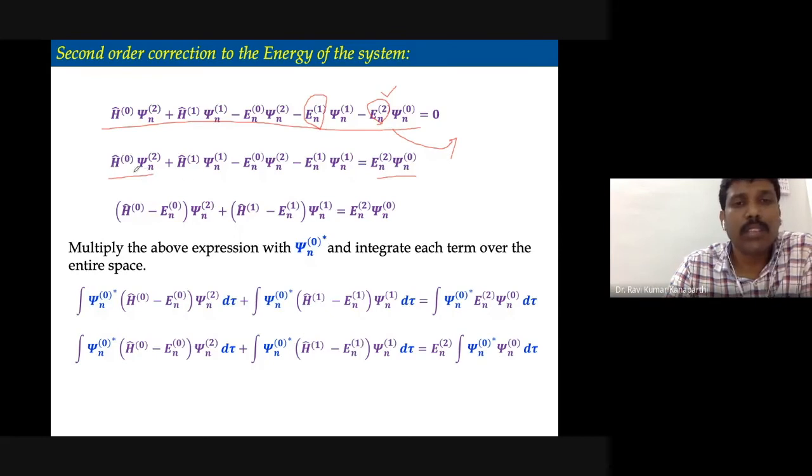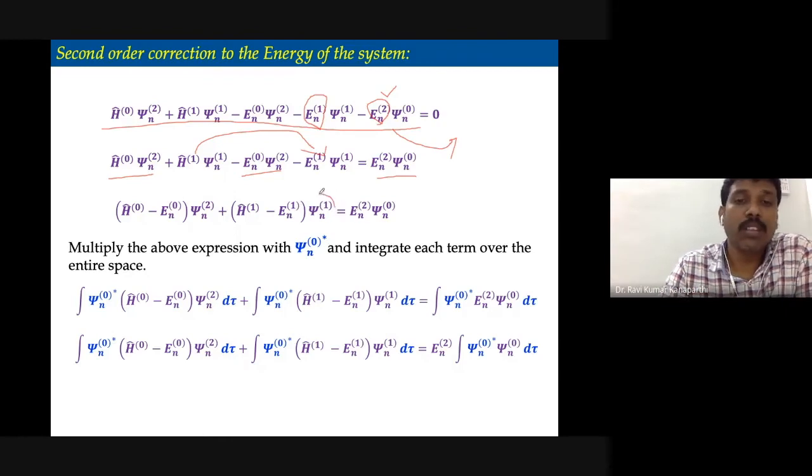For example, H0 psi n2 and En0 psi n2, you combine these two terms: H0 minus En0 multiplied by psi n2, plus these two combined, H1 minus En1 multiplied by psi n1.